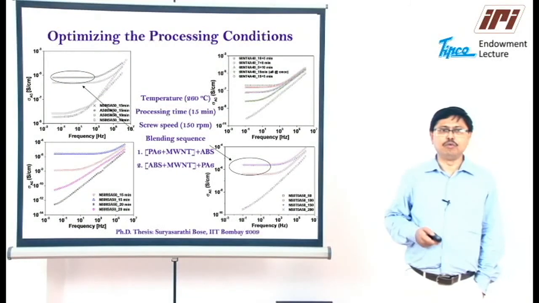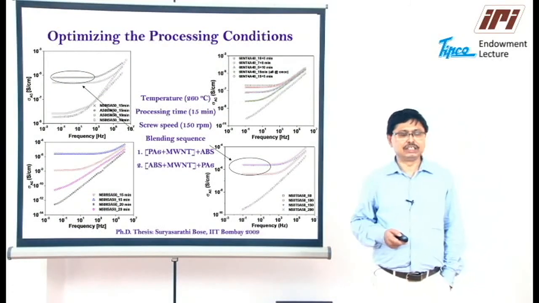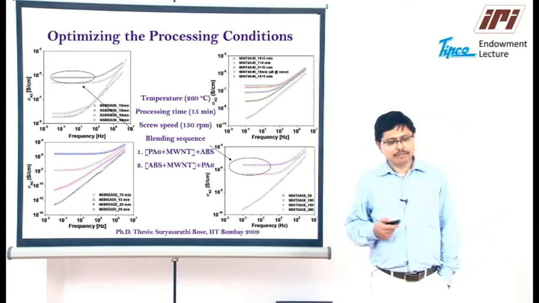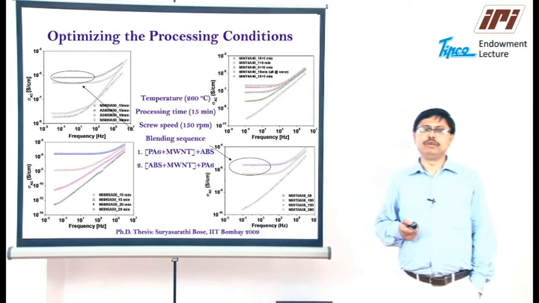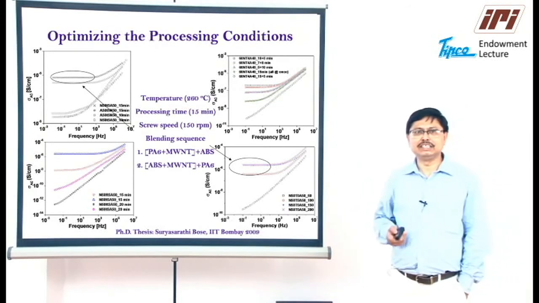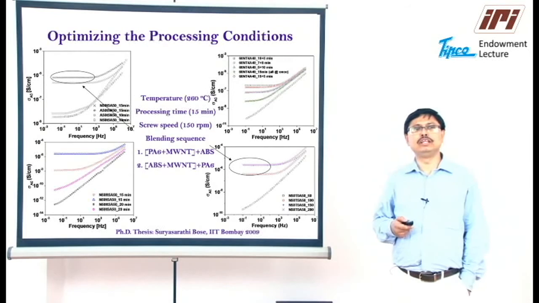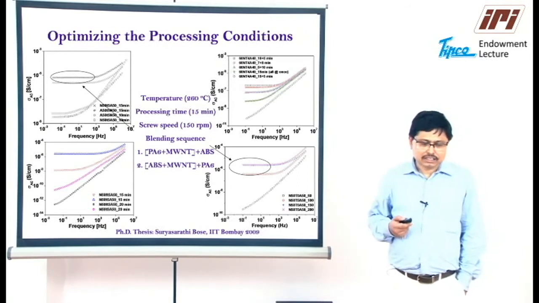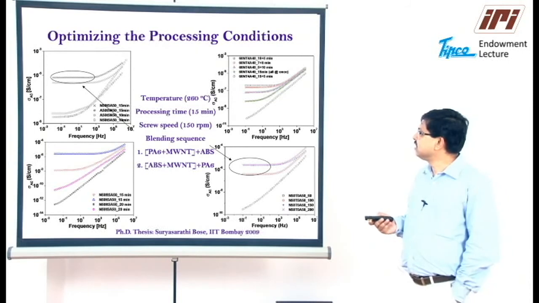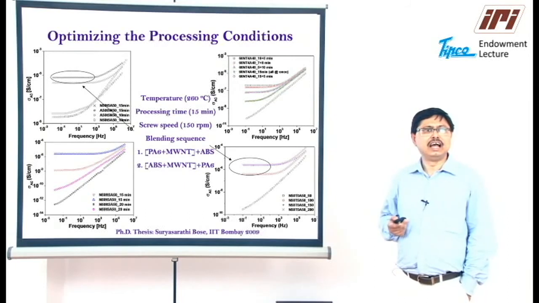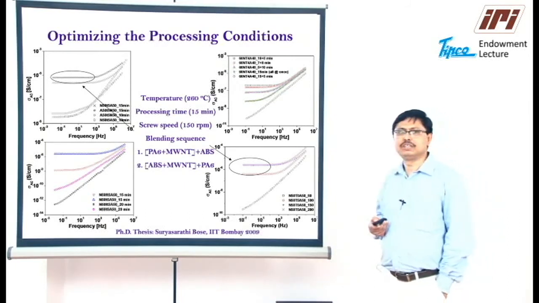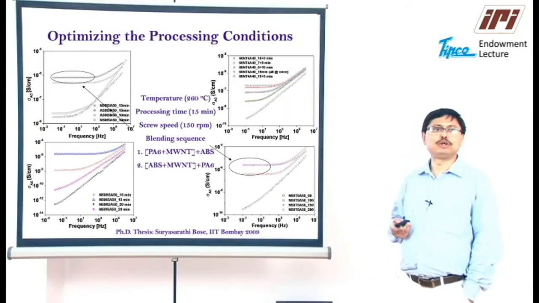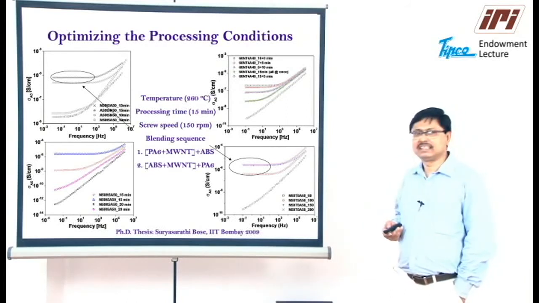percolation threshold. We also optimized the processing conditions, given that we are working with the two-step mixing strategy, where the polyamide 6 is mixed with the multi-wall carbon nanotubes followed by the ABS. We tried to optimize the melt mixing time, and we found that at 260 degrees centigrade and 150 RPM screw speed, 15 minutes of processing time leads to a higher electrical conductivity.